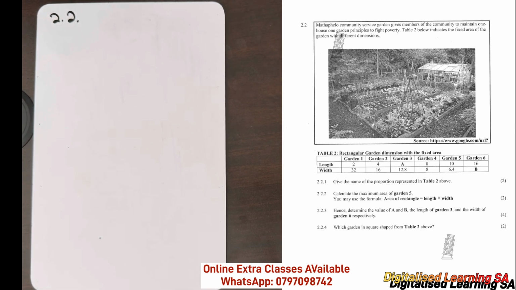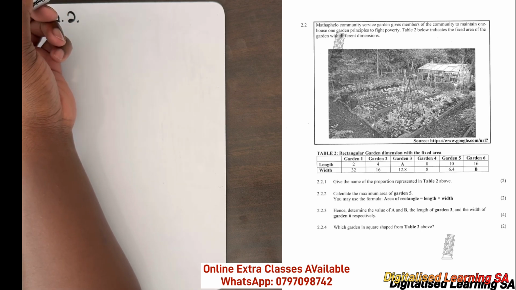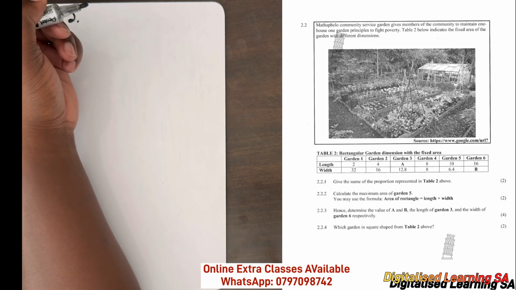So we are going to start with question 2.2. We are told that Matapelo Community Service Garden gives members of the community one house, one garden principles to fight poverty. Table 2 below indicates the fixed area of the garden with different dimensions. So what does that statement mean? The fixed area means that for each garden, the area will be the same.